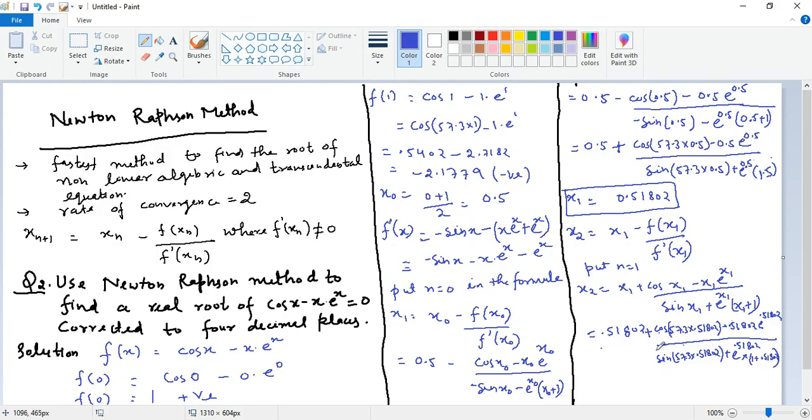Then we will calculate the value of x2 by solving this expression.